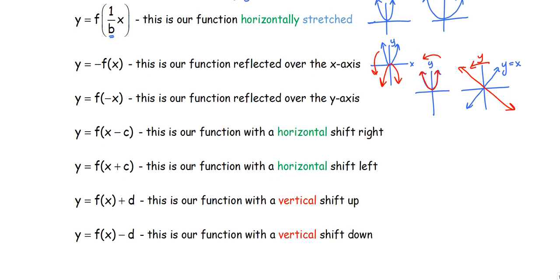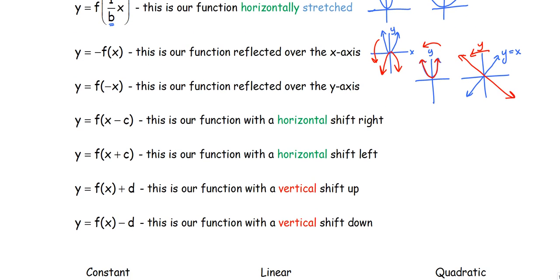All right, we're getting to the end of our rules. F of x minus c. So if I am making a transformation inside, not a multiplication, but an addition or subtraction, that's going to cause a horizontal shift in our function. And that's going to be a shift to the right.